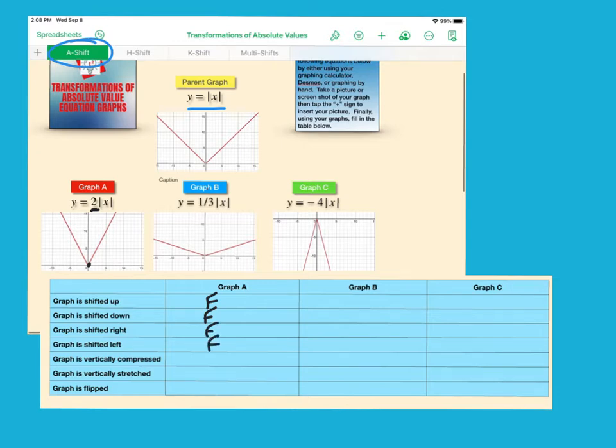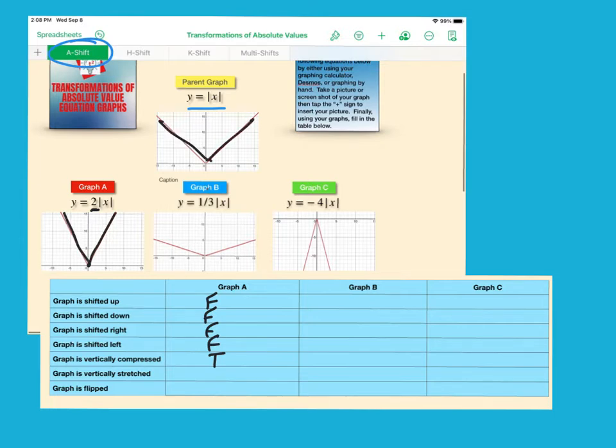Did it shift right or left? No, it did not. Did it compress? Okay, so compress would mean to get smaller. Stretch would mean to get wider. Did this get smaller or wider? We can see that it did get compressed, okay? This is much narrower than this parent graph was.